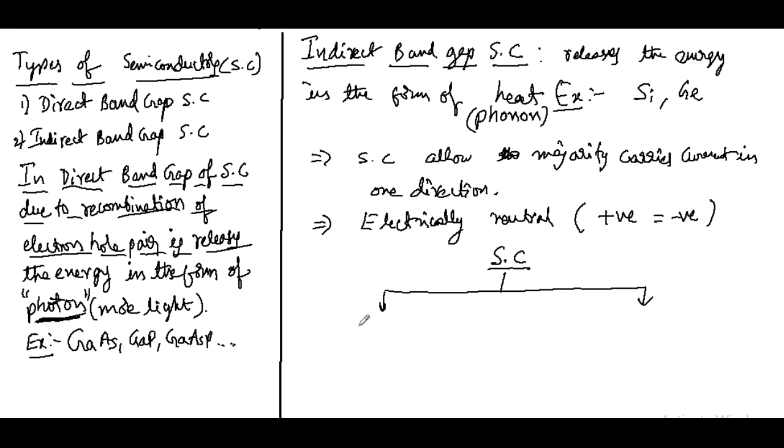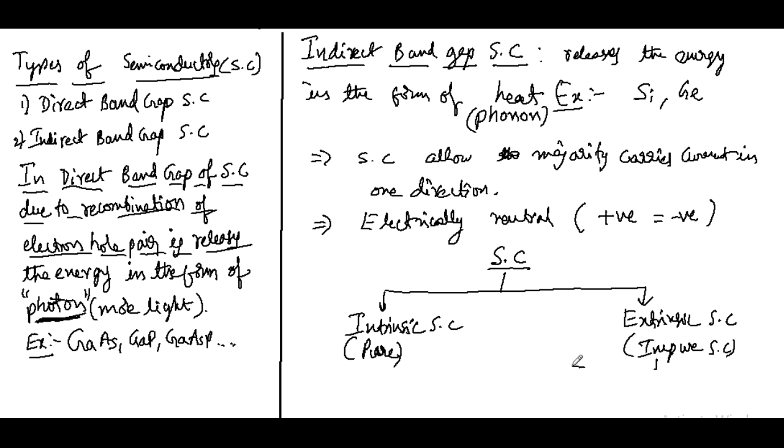Again, the semiconductor is classified into two types: intrinsic semiconductors and extrinsic semiconductors. Intrinsic semiconductors are also called pure semiconductors. Extrinsic semiconductors are also called impure semiconductors.